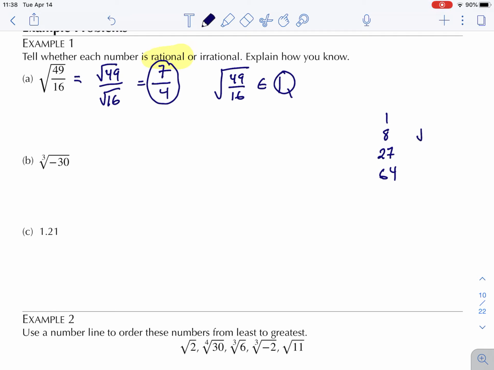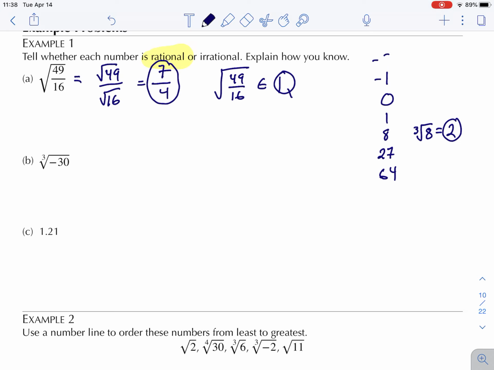So the cube root of 8 is equal to 2. That is an integer. The cube root of 9 is not a rational number. The cube root of any number other than our perfect cubes is going to be irrational, with some small exceptions for when we work with decimals.